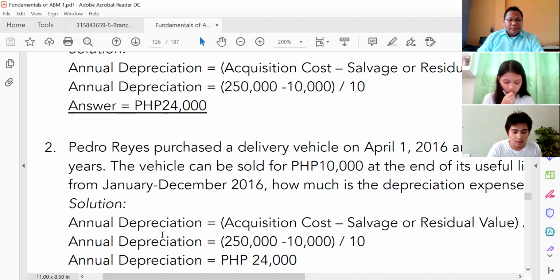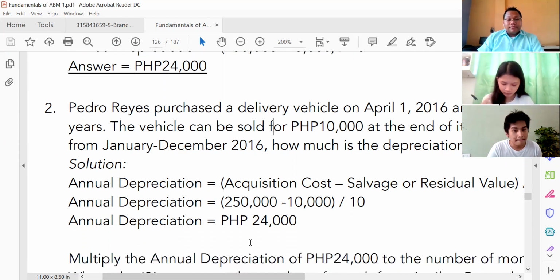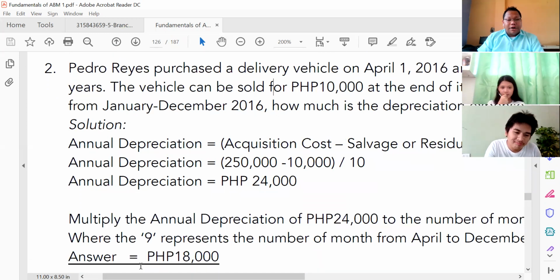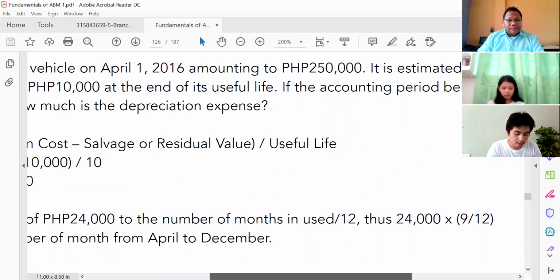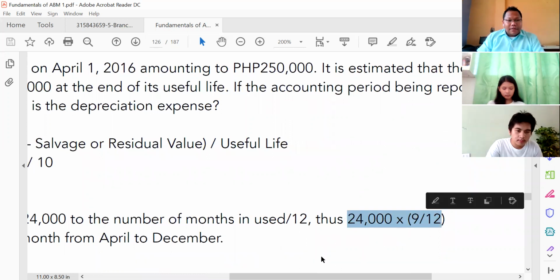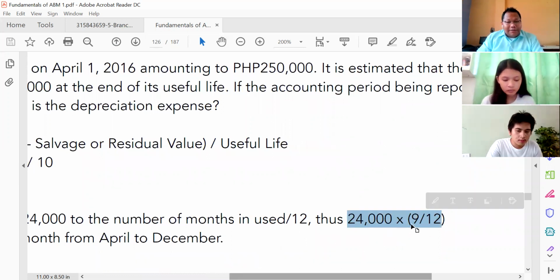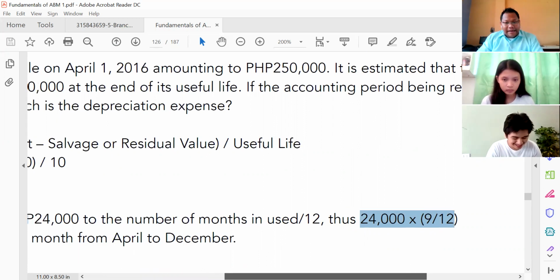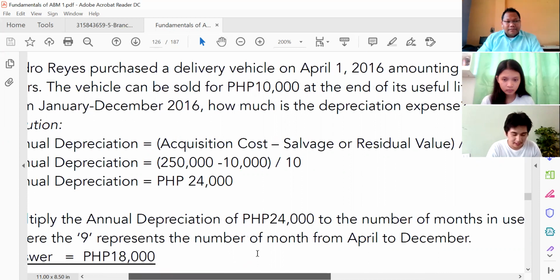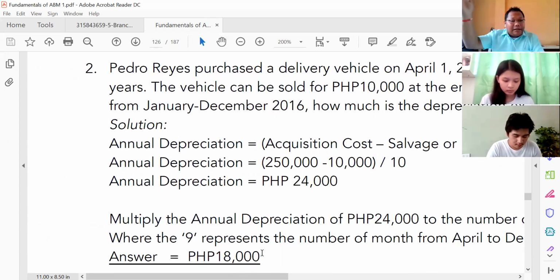180,000 depreciation? Are you sure about 180,000? It's like this: 24,000 times 9 over 12, 9 months over 12 months. So you have 18,000 to cover depreciation from April to December.